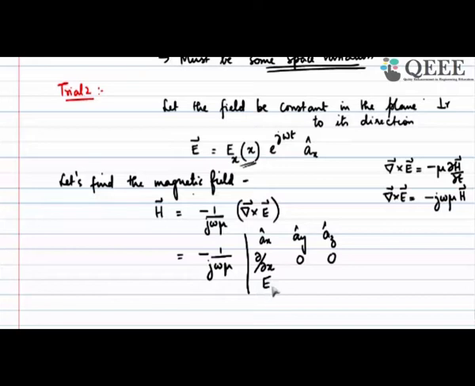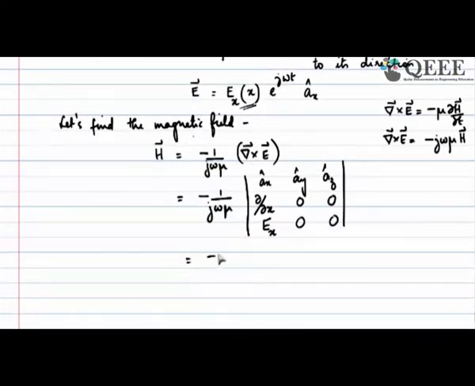I have only the X component, so this is Ex. I don't have a Y component, I don't have a Z. So the answer is minus 1 by j omega mu times this determinant. If you see, the AX component is 0, the AY component is 0, the AZ component is also 0. So this is 0, which implies the magnetic field is 0.